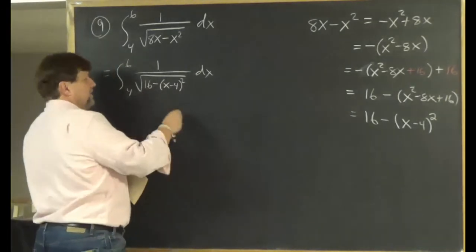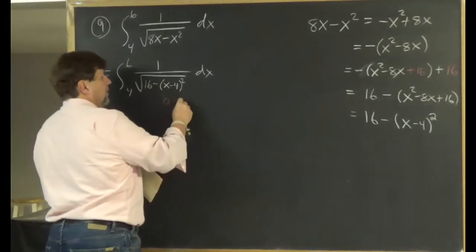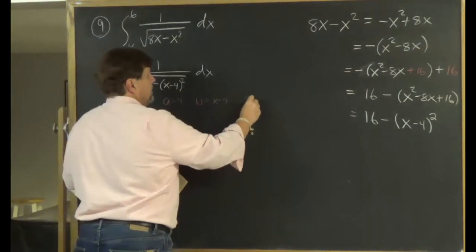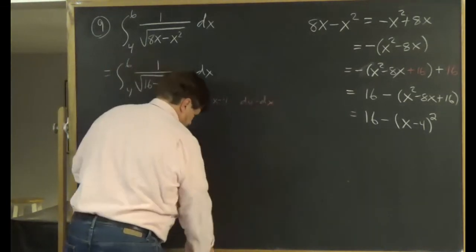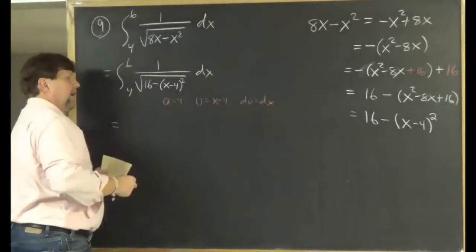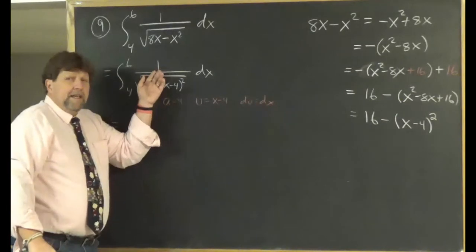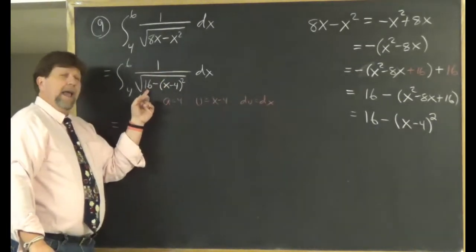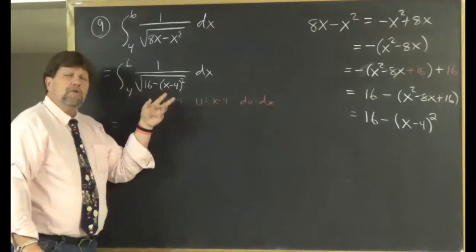You know, a is 4. u is x minus 4. So du is dx. So I don't have to worry about putting in any extra multiplier. So we see it does have the form of 1 over the square root of a squared minus u squared.